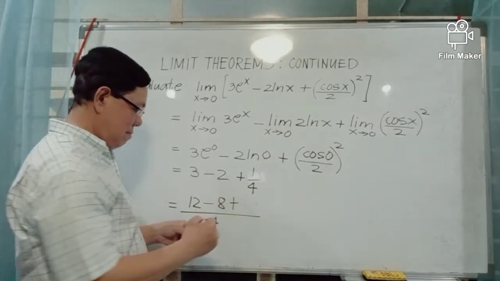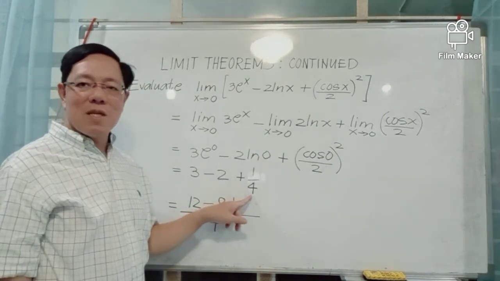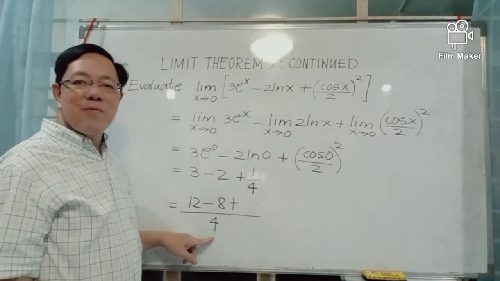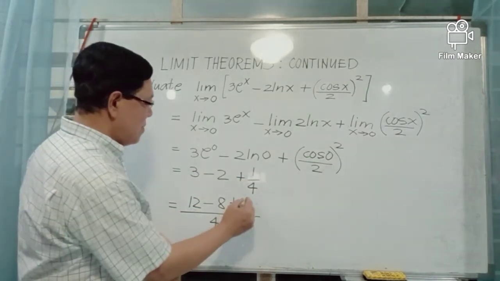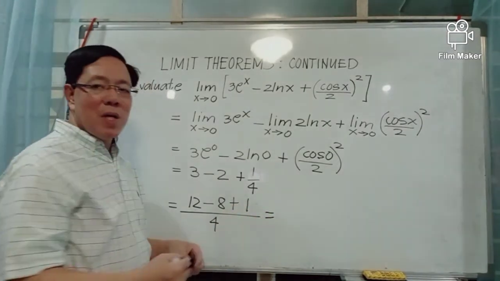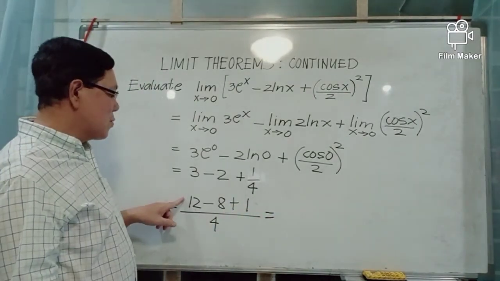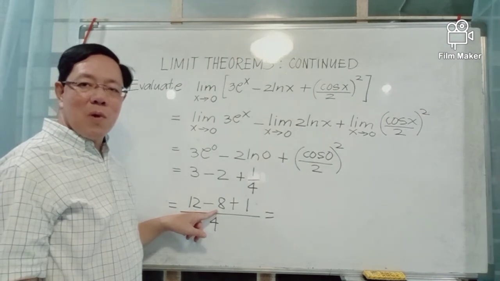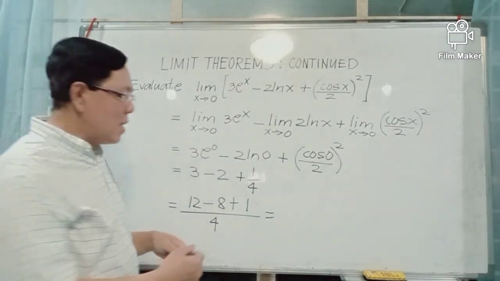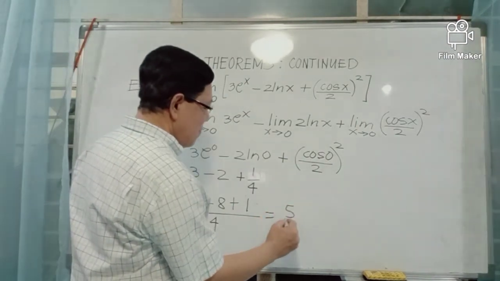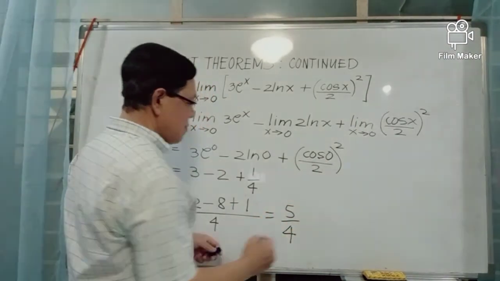Plus, the denominator of the last term is 4. LCD 4 divided by 4 is 1. Multiplied by 1 is 1. And we simplify the numerator. We have 12 minus 8 is 4. Plus 1 is 5. Divide by 4. 5 over 4.